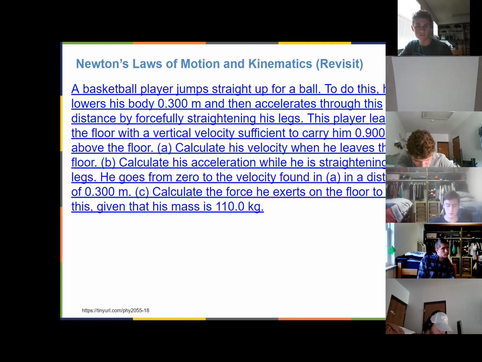So then this one will be very similar to the one you did in your test, when a ball is dropped from a certain height, hits the floor, and bounces back.